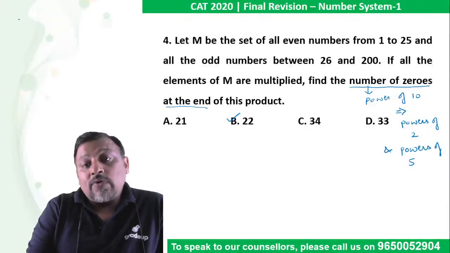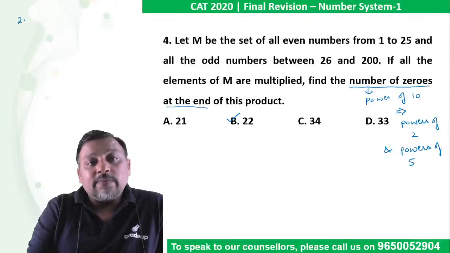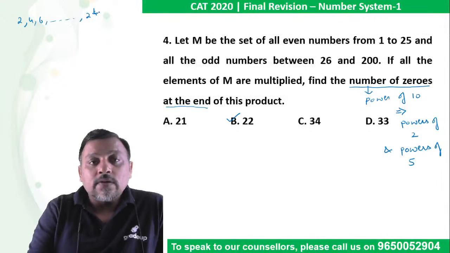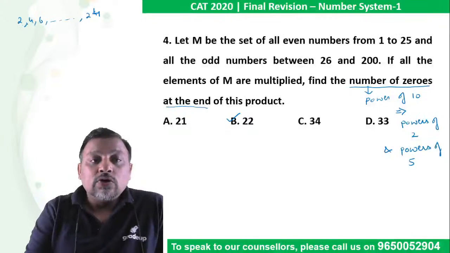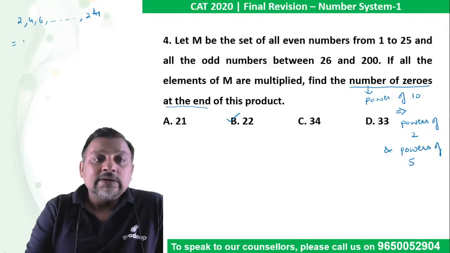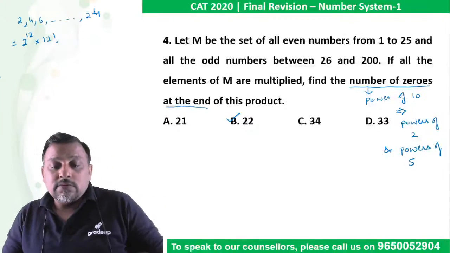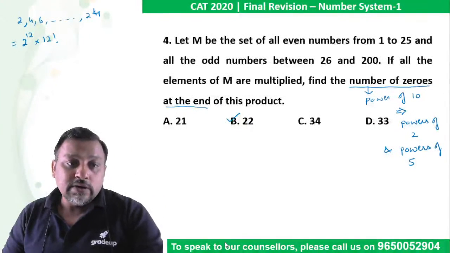From 1 to 25 even numbers, we have the numbers 2, 4, 6 and so on, till 24. So can I write this as 2 raised to the power 12 into 12 factorial? Is this much clear to everyone?